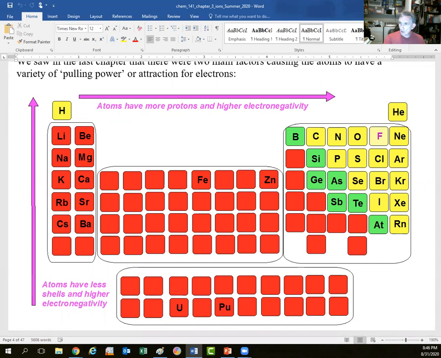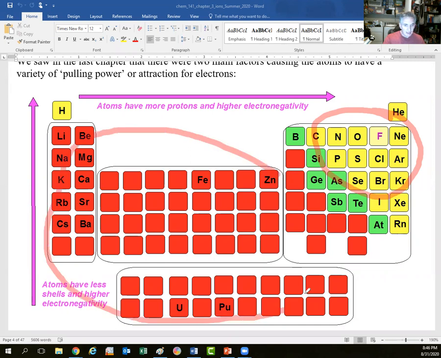And so those two ideas combined, it's easy to see that the non-metals are very good at attracting electrons because they're the ones with the most protons on the right and the ones with the least shells at the top. While the metals have less protons in general and also tend to have more shells.